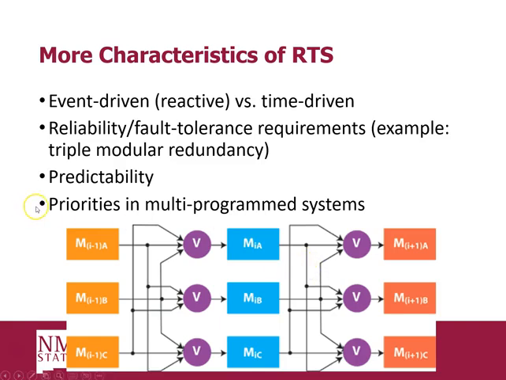Another crucial characteristic is predictability. Real-time systems must consistently meet deadlines and perform within specific time frames. This is to ensure reliable operations. Finally, priorities in multi-programmed systems. In systems with multiple tasks, priorities are assigned to ensure the critical tasks are executed on time.